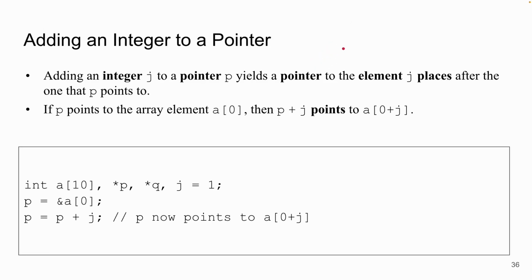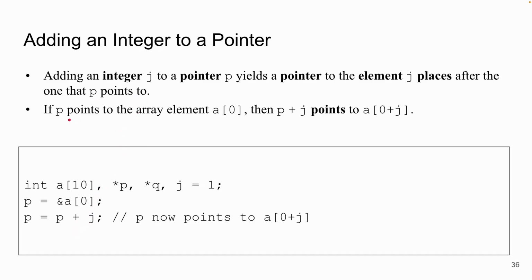Let's check out how to do that. The first one is we can add an integer to a pointer. For example, I again make P point to A[0] here. And if I add an integer value, integer variable J, or any integer value to P, it will make P point to the element J places after the one P points to.